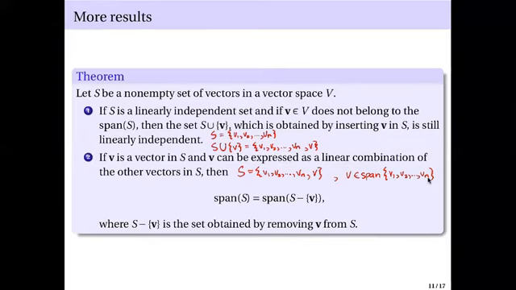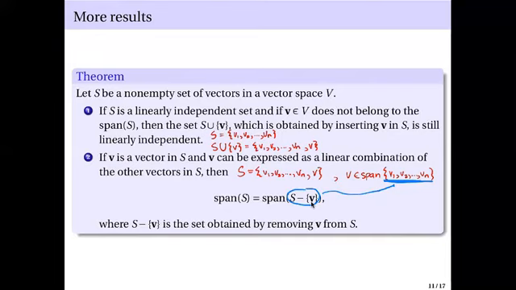Then the span of S, so this S, it contains V, it's also equal to the span of this guy. It's the set S without the V. So this guy here is precisely this guy here. Okay?